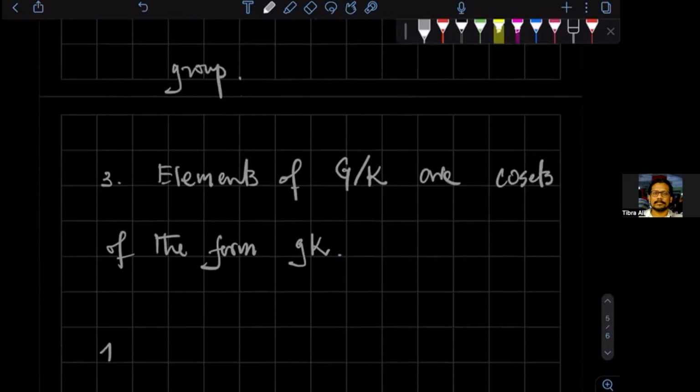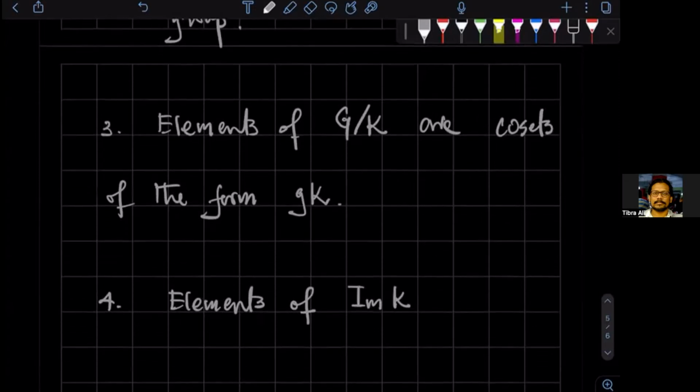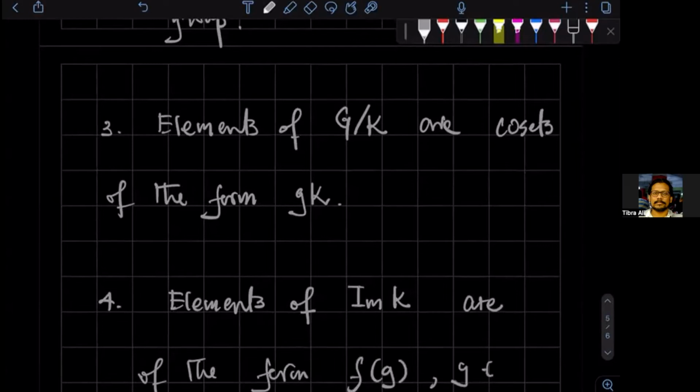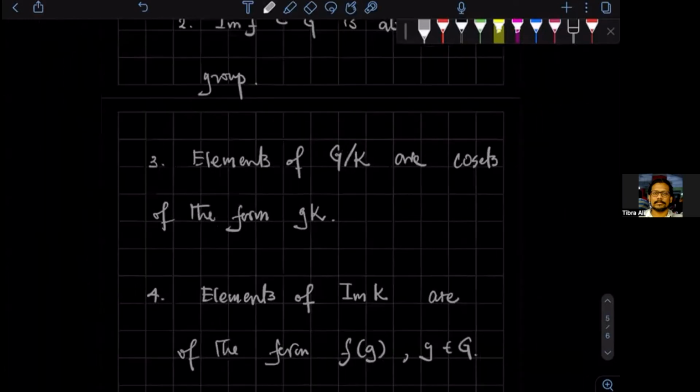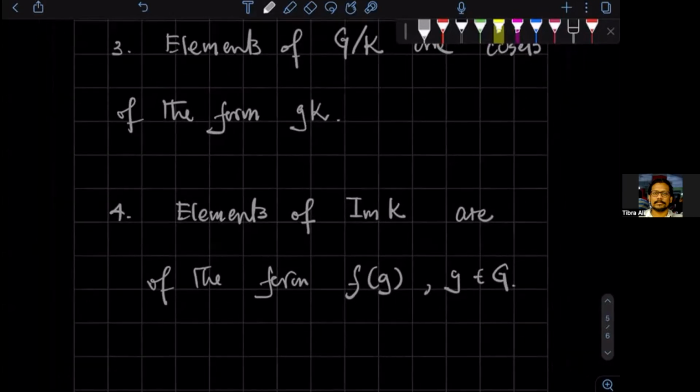And number 4 is that elements of the image of K are of the form F of G, where G belongs to big G. Okay, this is just reminding you of some of the salient facts and notations. Any questions about this?